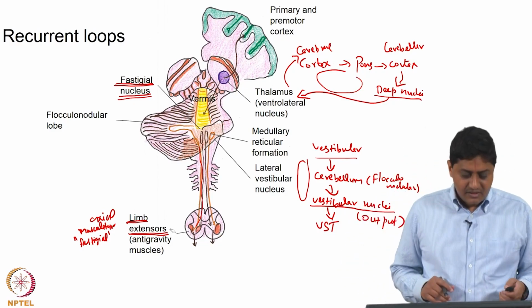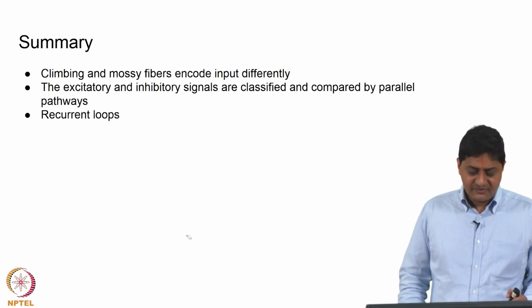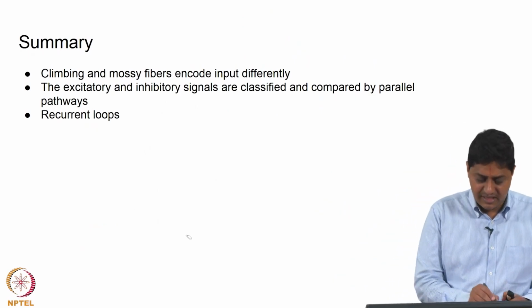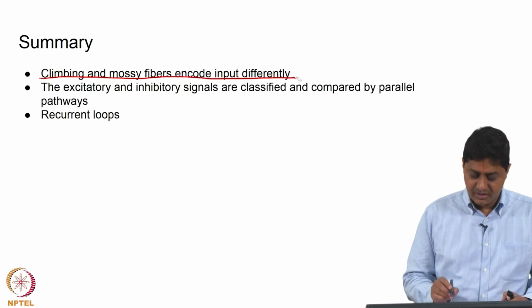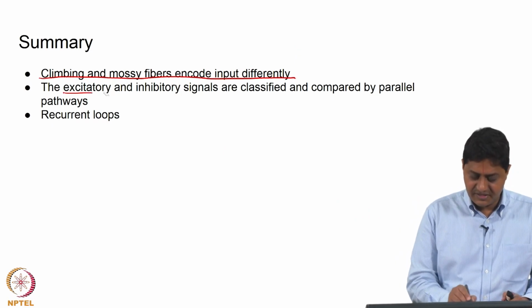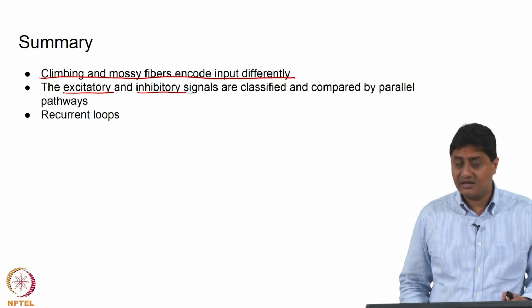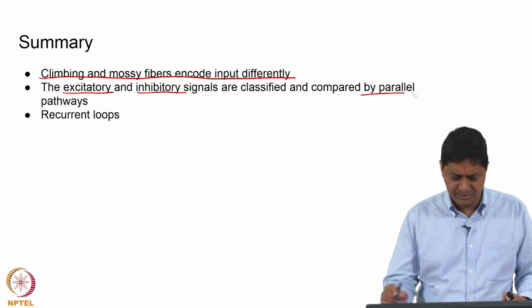Okay. So, in this class we have seen that the climbing and mossy fibers encode different types of inputs, and the excitatory and inhibitory signals are carried by multiple parallel pathways.